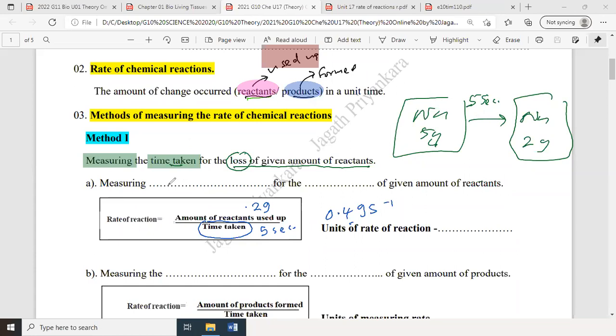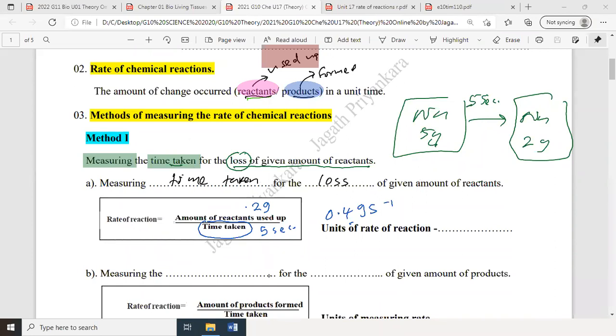So come to the blank, measuring the time taken. Anyway, I will write it: measuring the time taken for the loss of a given amount of products.